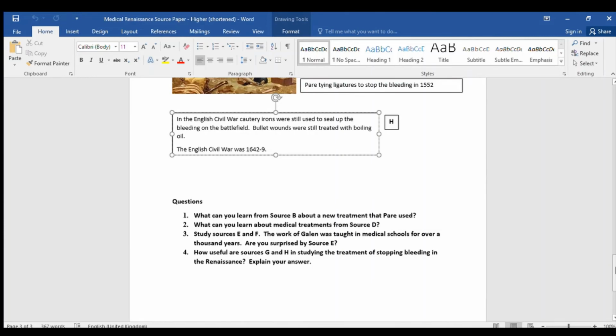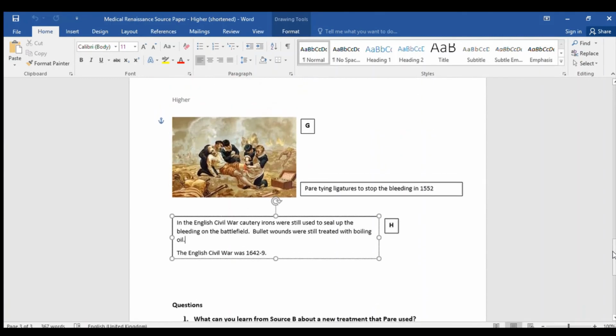Your last question is asking you how useful are sources G and H in studying the treatment of stopping bleeding in the Renaissance. So how do people try and stop people from bleeding? You've got 2 sources. A picture source of Paré, one of the people you've been looking at, using his new discovery of ligatures, tying up the blood vessels to stop the bleeding. And then a description of how they were stopping the bleeding on the battlefield in the English Civil War.